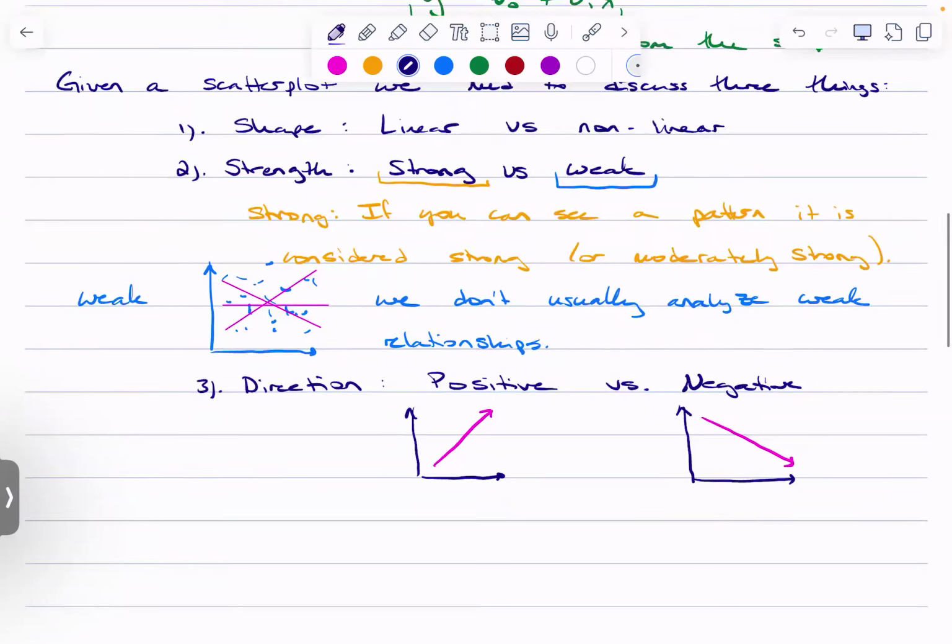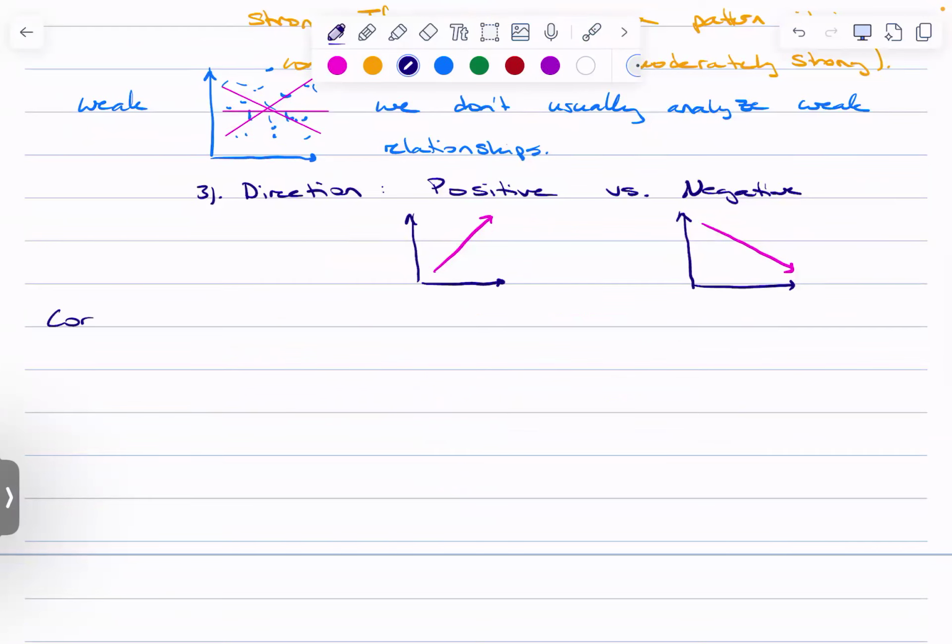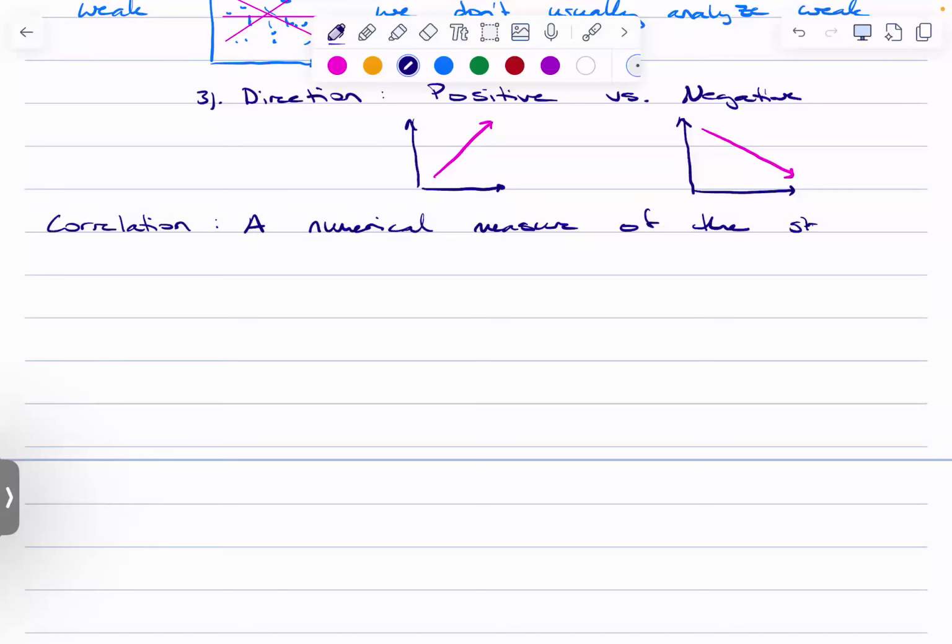So we have talked about correlation, but correlation technically is a numerical measure of the strength and direction of a linear relationship. So it has to be linear.